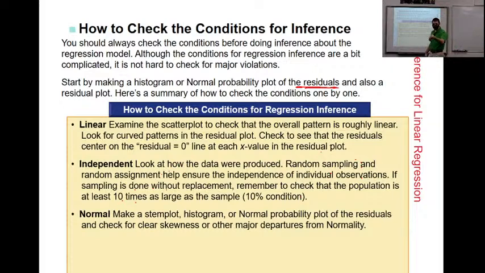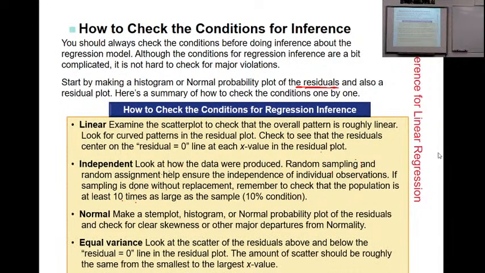On this example, we're going to have the graphs put out in front of us. And then on the next one tomorrow, we'll talk about how to make these graphs in the calculator. Equal variance, we just talked about. The best way is to look at the residual plot and see how the variance looks throughout. Random, check the same way we always have.